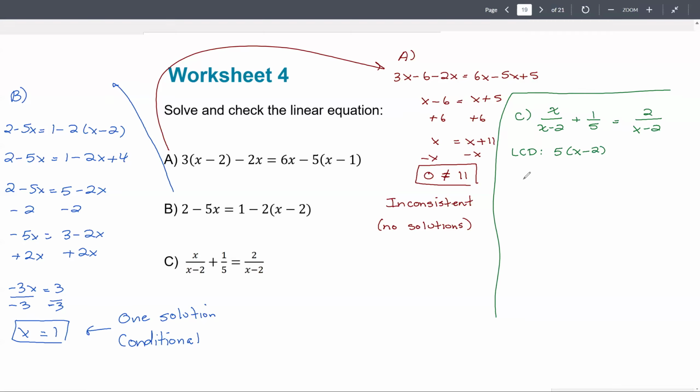So I multiply everything by that, we're going to have 5 times x minus 2 times x over x minus 2 plus 5 times x minus 2 over 5. And we're going to have 5 times x minus 2 times 2 over x minus 2. So we're going to be left with 5x plus x minus 2 is equal to 5 times 2.